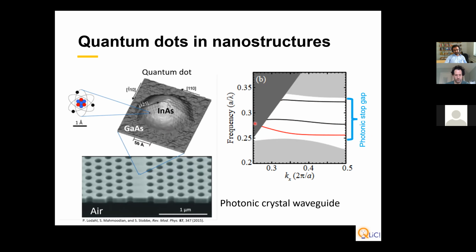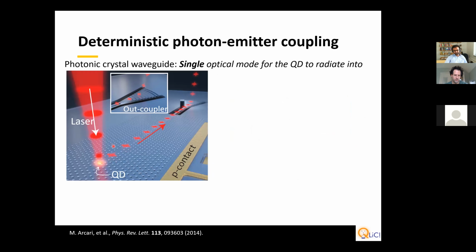We are particularly interested in the lowest frequency mode. By coupling the light into this particular mode, or rather ensuring that this particular dipole overlaps with the electrical or optical mode of this waveguide, we can ensure that the light selectively propagates like the cartoon that I showed.